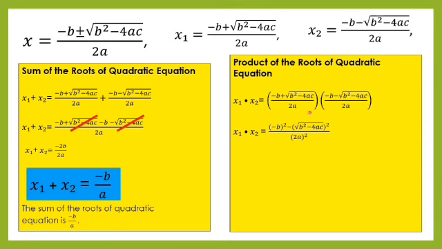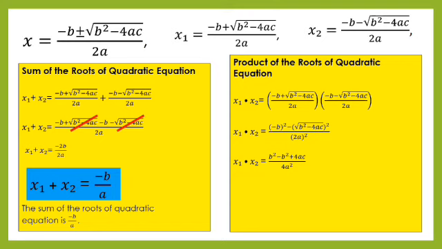To find the product of sum and difference of binomial, we square the first term and we also square the second term, and the sign of the middle term is negative. And then we also multiply the denominators, which are 2a and 2a. So we get the square of 2a.